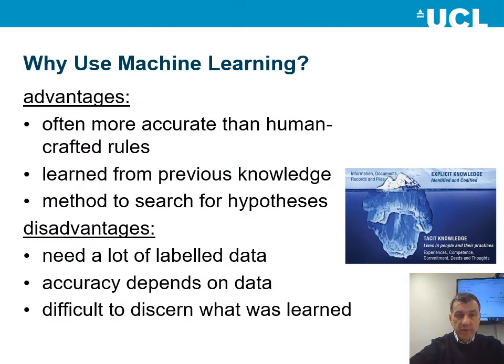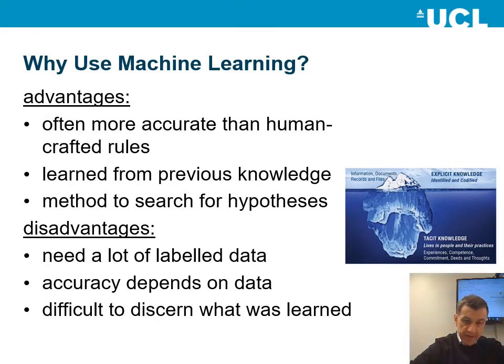So I'm sure you've come across the term machine learning. It's been something that's been talked about a lot in the media and in academia and in research in the last 10, 15 years. And it's become a very successful approach to tasks that involve trying to learn a particular rule.